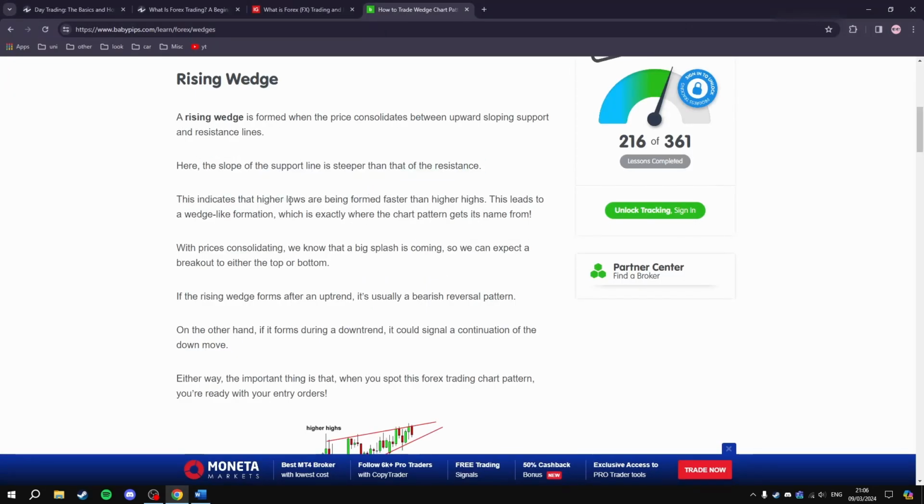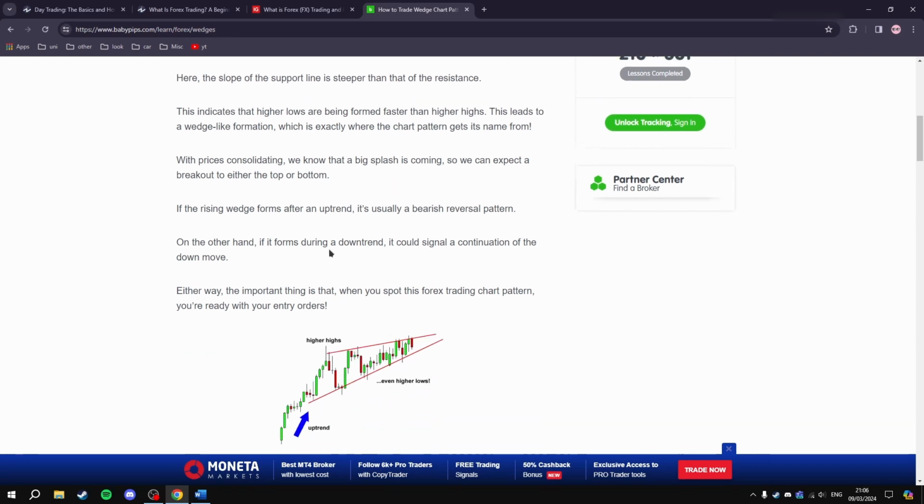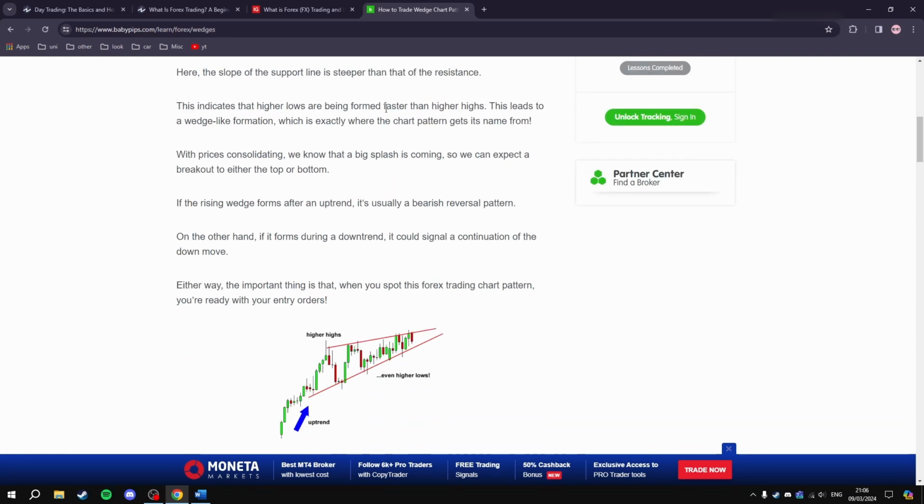This indicates that higher lows are being formed faster than higher highs. This leads to a wedge-like formation, which is exactly where the chart pattern gets its name from.